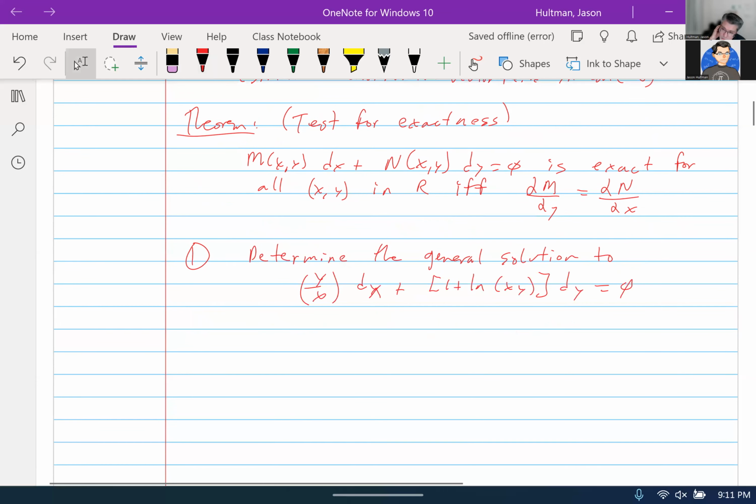First I want to see if this is an exact equation.